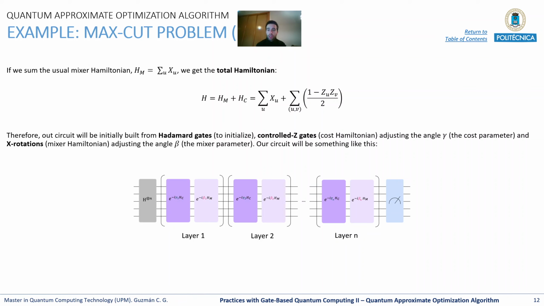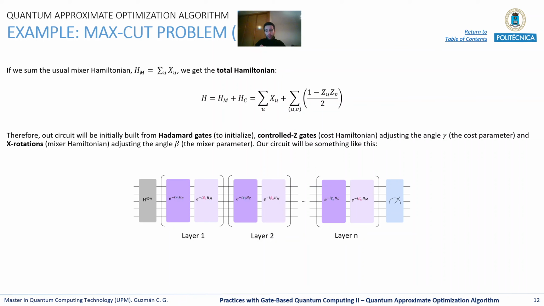We use X matrices because the mixer Hamiltonian is trying to not get stuck in a local minimum. You can imagine our energy landscape has its local minima and has the ground state, which is the most minimal one of them.